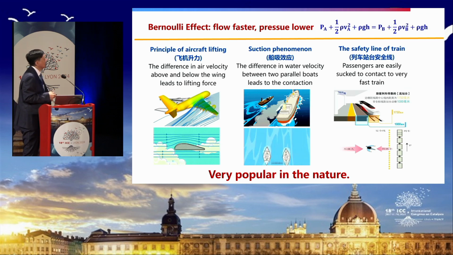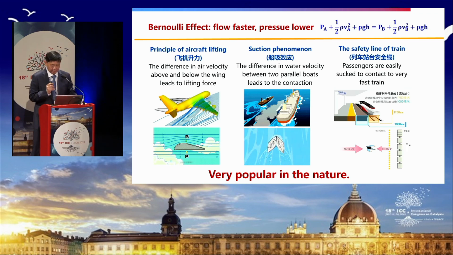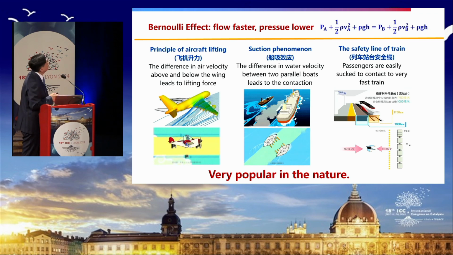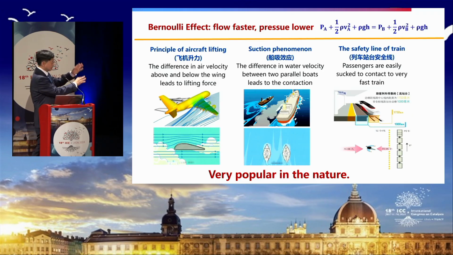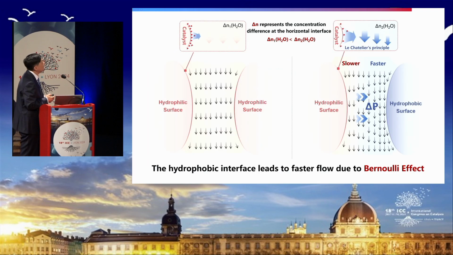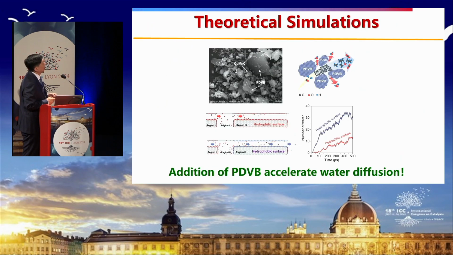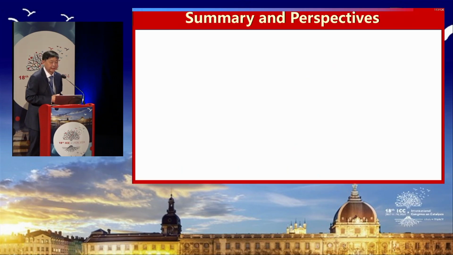This is also similar. The Bernoulli effect is usually on a large scale, but here I show you something like the Bernoulli effect on a very small scale. From theoretical simulation, we also get very similar confirmation.